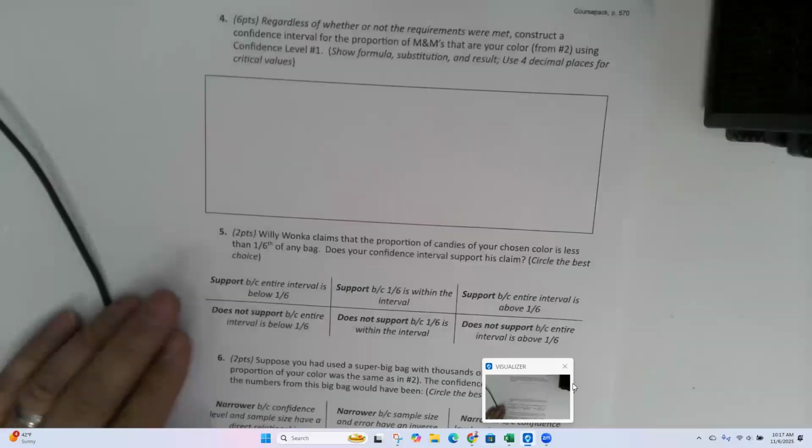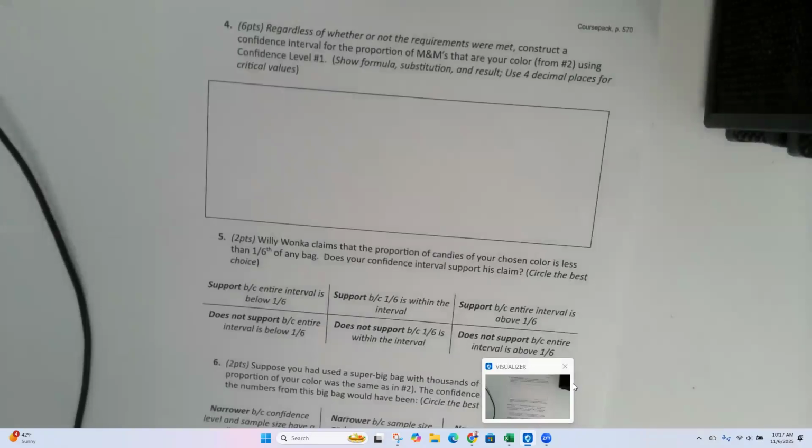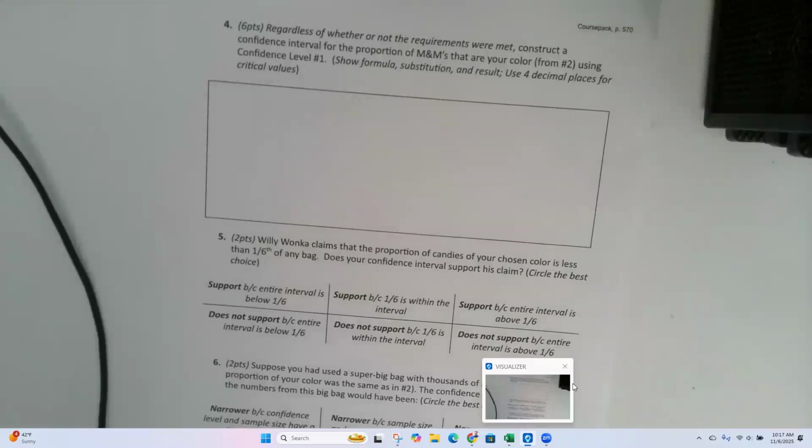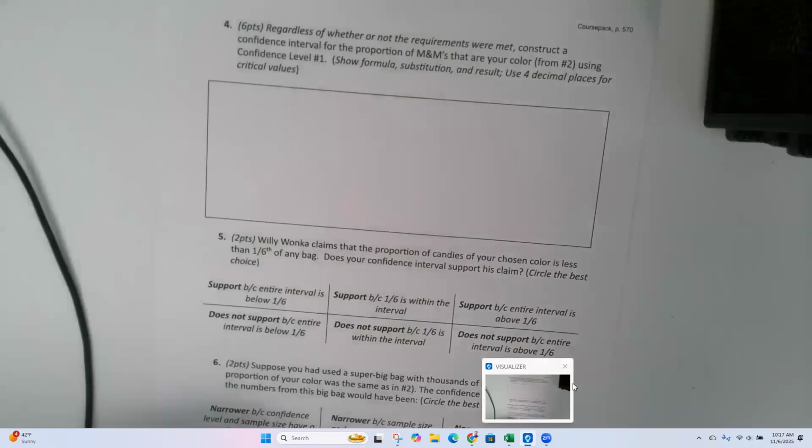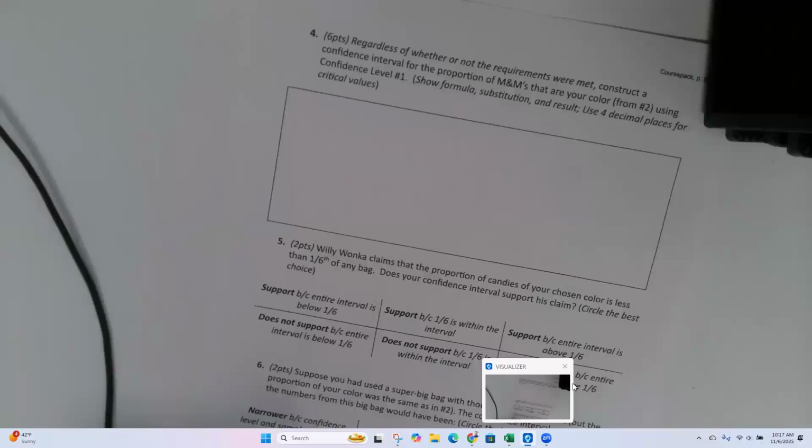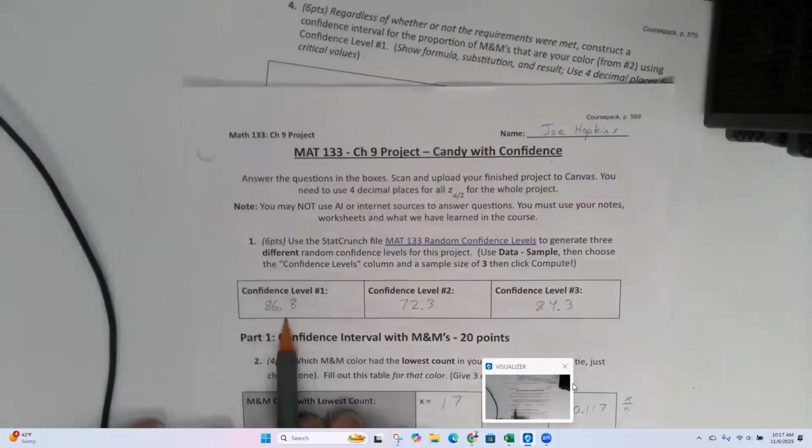On page 2, regardless of whether or not the requirements were met, let's construct a confidence interval for the proportion of M&Ms that are your color. So I'm using red. You're going to use whatever color you had the fewest of. Using our confidence level for number 1, the confidence level that I had was 86.8.